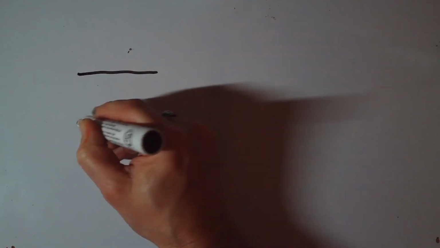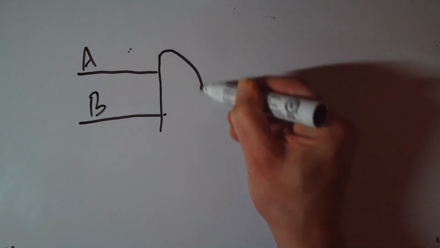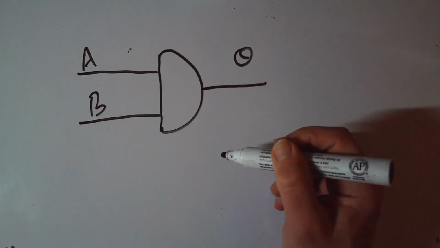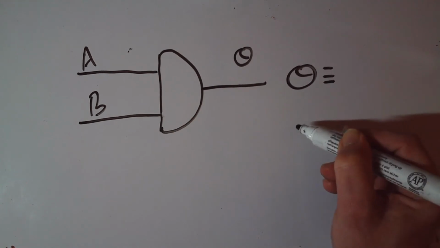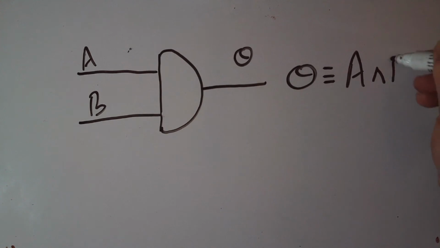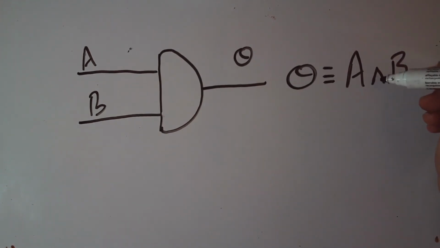This time, of course, we have our two inputs A and B. Let's draw our giant D for an AND gate, okay, there we go, with output Q. And to express this mathematically, we would say that Q is identical to or logically equivalent to A and B. And you can see that the symbol that I use to express AND logic is the caret symbol, C-A-R-E-T. We just tend to call it the upward arrow, or simply the AND symbol. So A and B represented using this symbol.